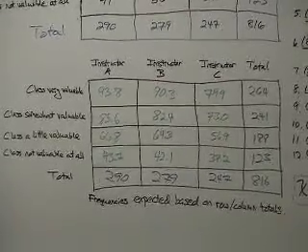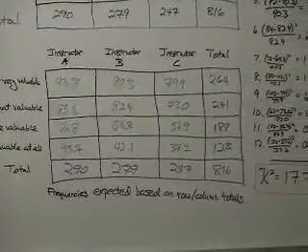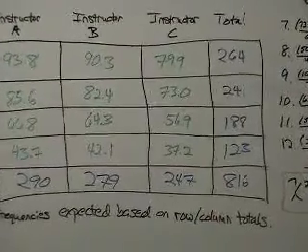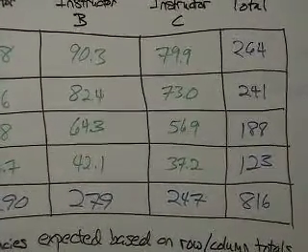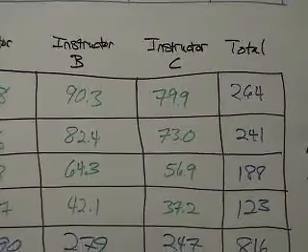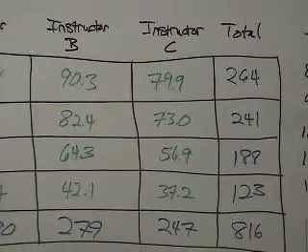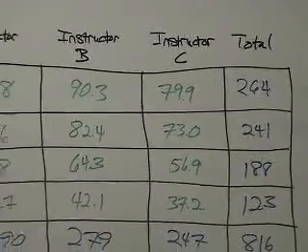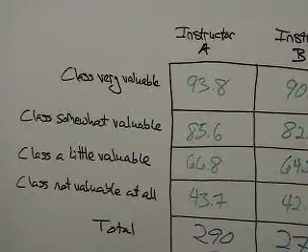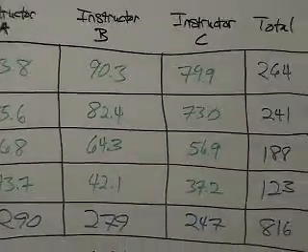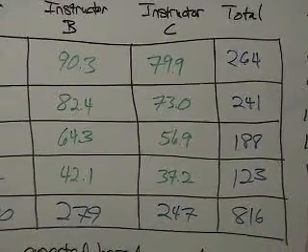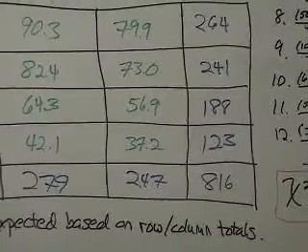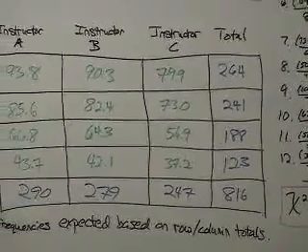Let's say we wanted to get the number for this cell right here, which says 56.9. We take the total for instructor C, which is 247, and multiply it by the total for class a little valuable, which is 188. So 247 times 188, and always divide by your grand total of 816.